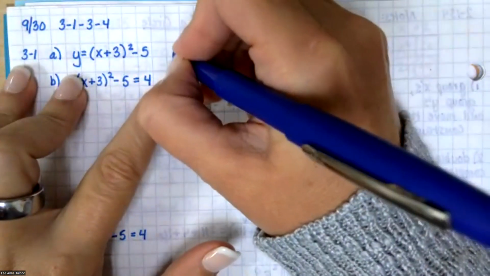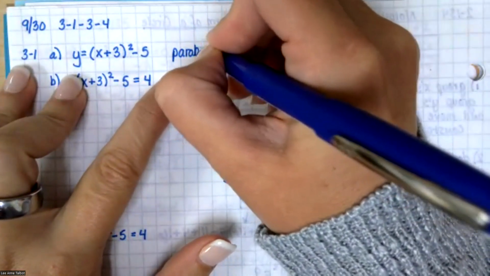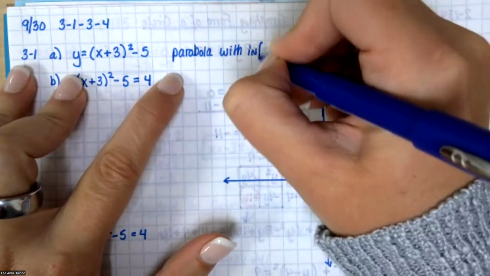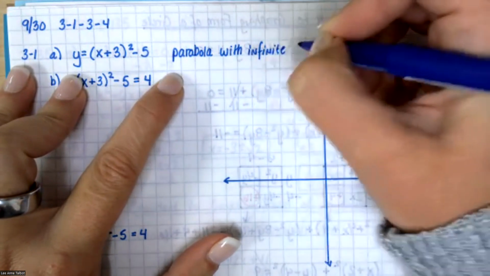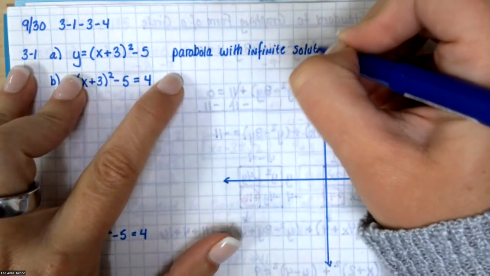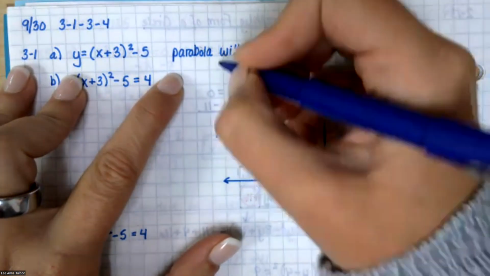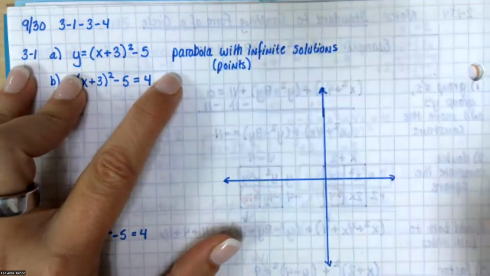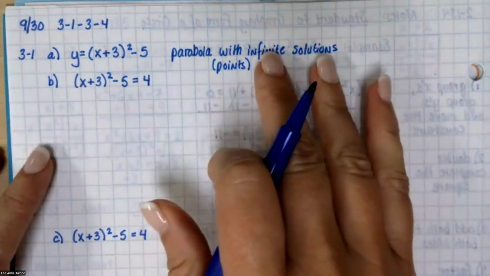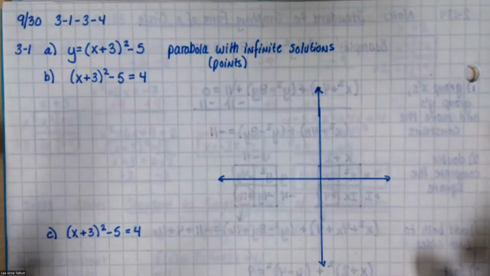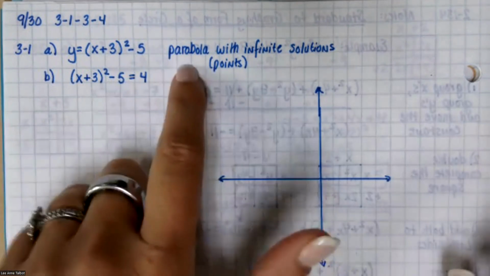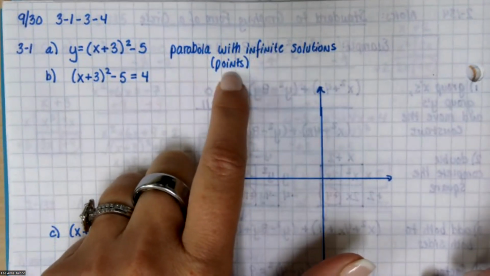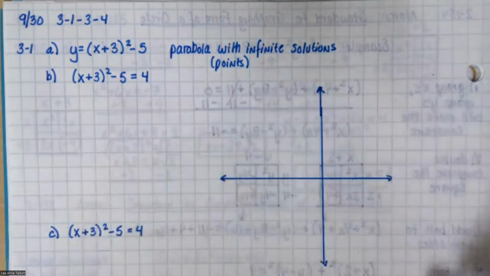So this is a parabola with infinite solutions. And infinite solutions, translating that to teenager, I'm going to say parabola with infinite points on it is the same thing as saying parabola with infinite solutions.